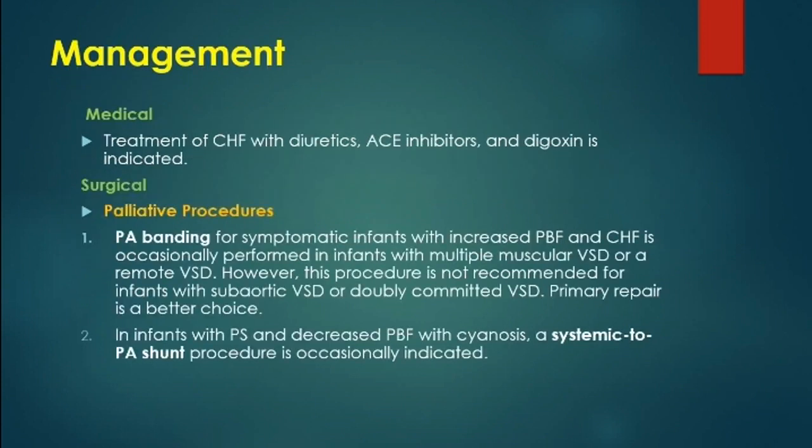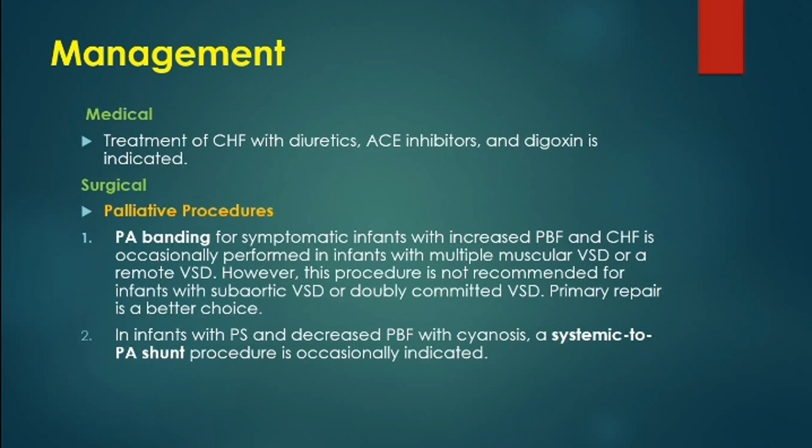Management of cases with DORV includes medical management with anti-failure medications such as diuretics, ACE inhibitors and digoxin. Surgical procedures include palliative procedures, either banding in cases with increased pulmonary blood flow and congestive heart failure, and VSDs are not easily surgically approached.